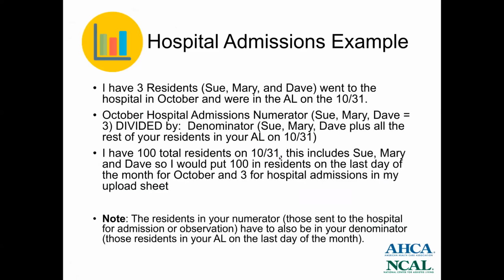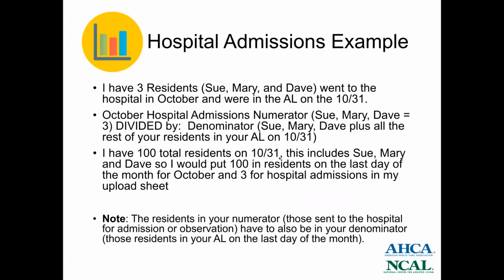Another hospital admissions example I want to give is I got this from a member and I thought it was a great example. And so I wanted to utilize it because I know they weren't the only ones having this. So if I have 3 residents, let's call them Sue, Mary, and Dave. They went to the hospital in October and were in the AL on October 31st.